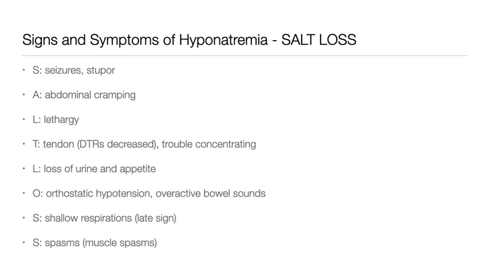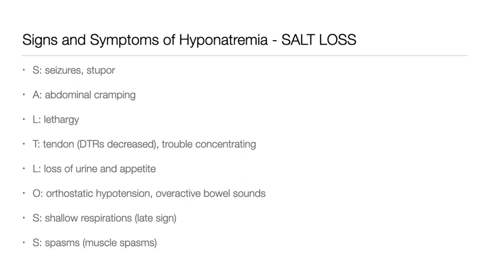We're dehydrated, and we also might see orthostatic hypotension or just hypotension in general. Our blood pressure is going to be low. We're in hypovolemia potentially. We might have overactive bowel sounds. Shallow respirations are a very late sign. And then the last S here is for muscle spasms.